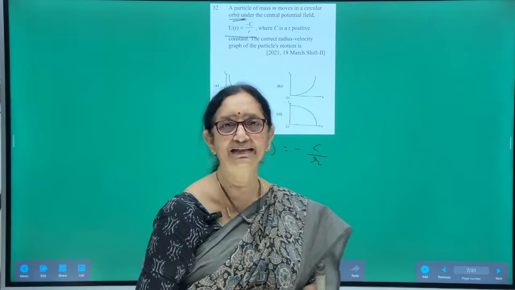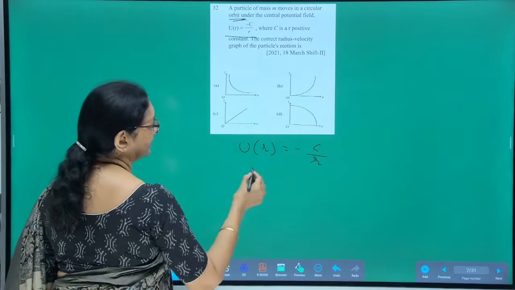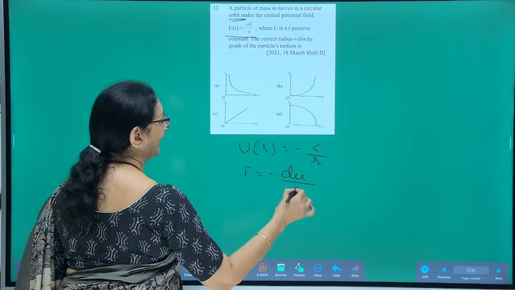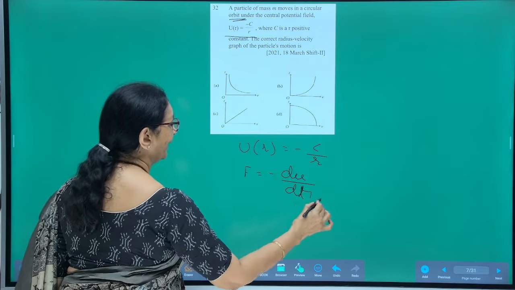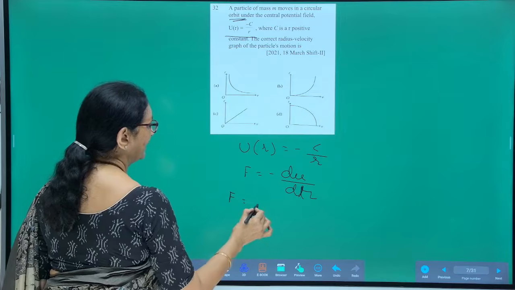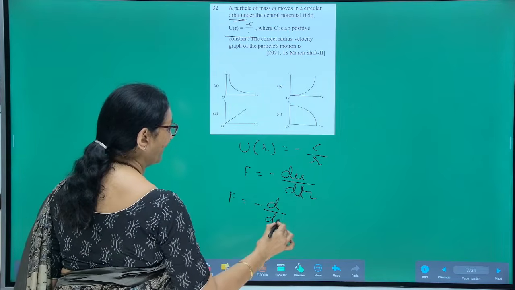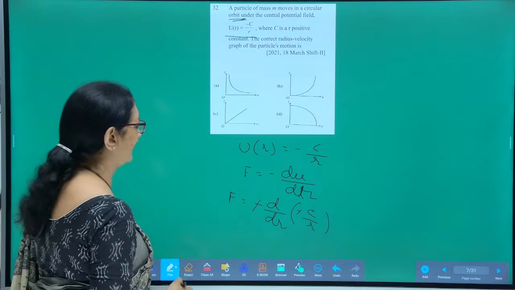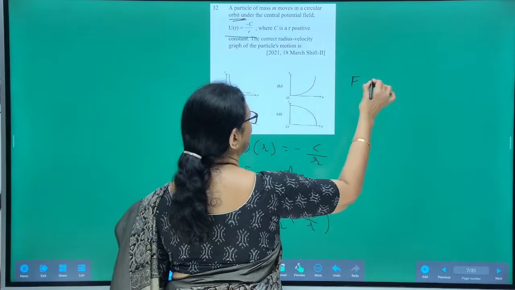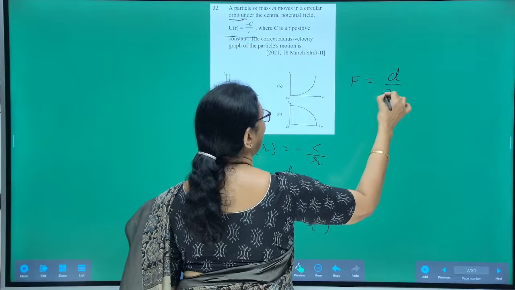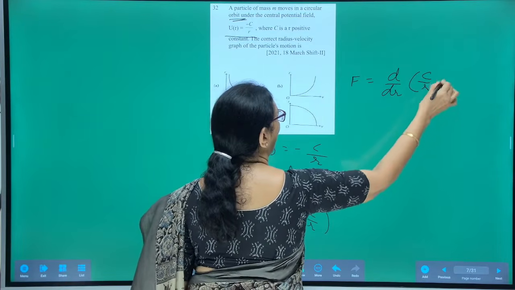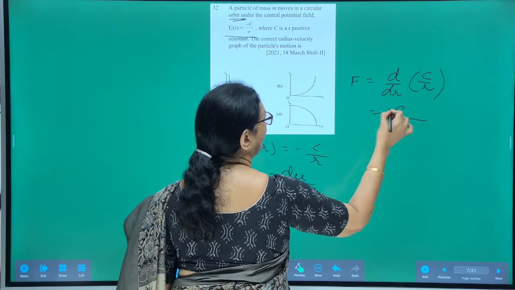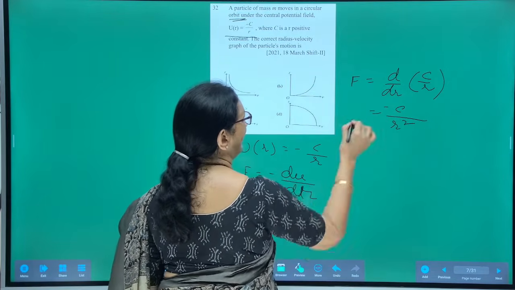If potential energy is given as a variable function of distance, then force is equal to minus dU by dr. So, F is equal to minus d by dr of minus c by r. Minus into minus becomes plus, so F is equal to d by dr of c by r, which is c times d by dr of 1 by r, that is minus 1 by r squared.